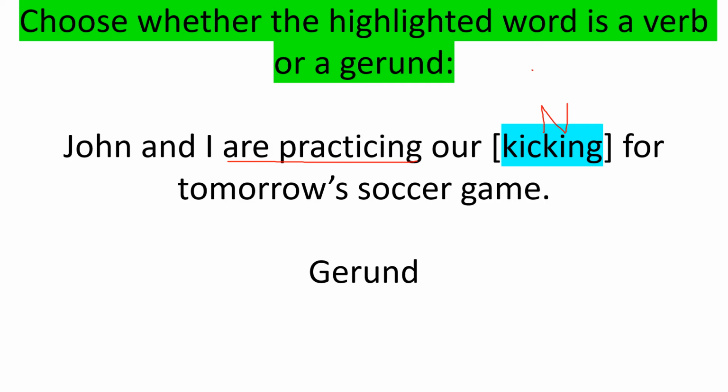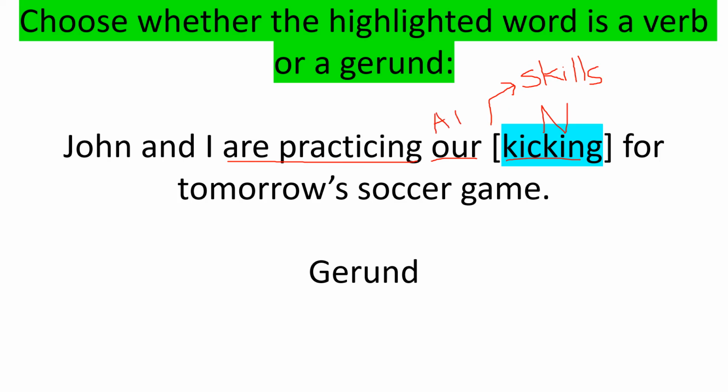Because I can say, for example, something like, we are practicing our skills. Couldn't I? I could replace kicking with skills. And skills is not a verb. That's a noun, right? Another way you can know this is that our is an adjective.